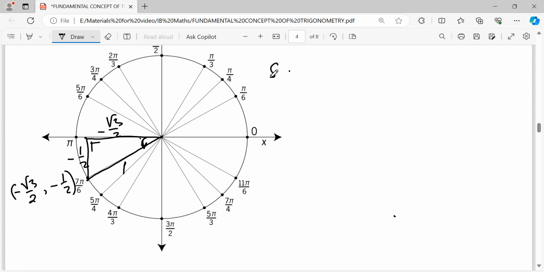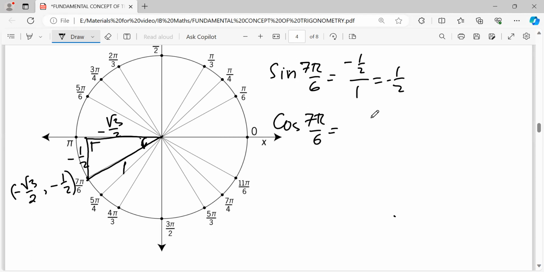So let me start with sine 7 pi over 6, which equals negative half over 1, and cosine 7 pi over 6 equals negative square root 3 over 2 over 1.